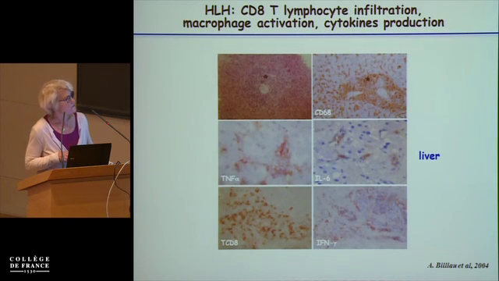And in these infiltrated organs, there are activated macrophages which secrete high levels of inflammatory cytokines, here TNF-alpha, IL-6, as well as CD8 T cells, which secrete high levels of interferon gamma.